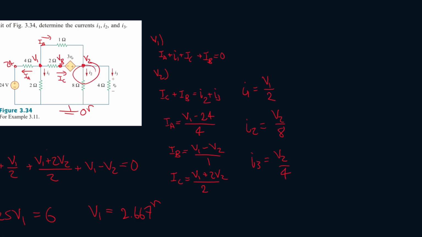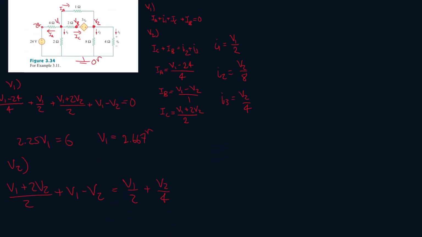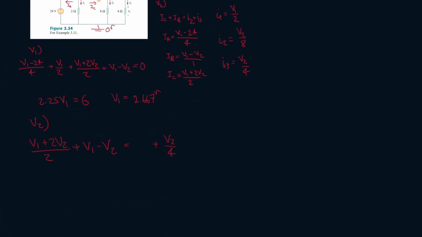Because, see, for V2, I2 is leaving with I3, okay? So it's actually V2 over 8. So V1 over 2 plus V1, that's just 1.5 V1. Then we have 2 V2 over 2 minus V2, which is 0 V2. And this is equal to 1 over 8 V2 plus 1 over 4 V2, which is 0.375 V2.